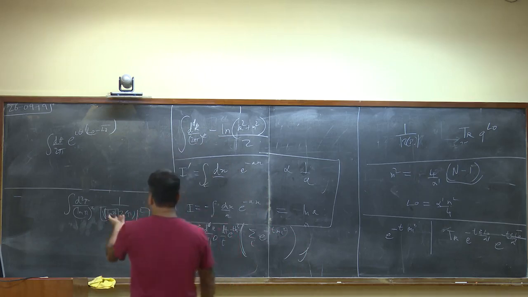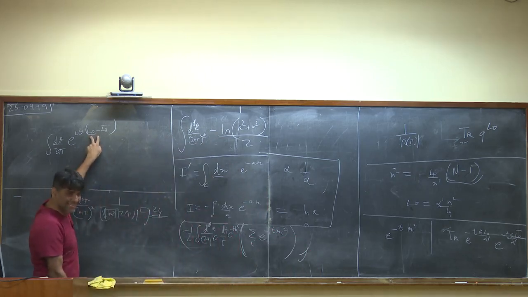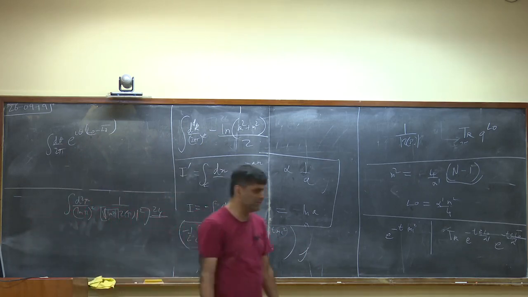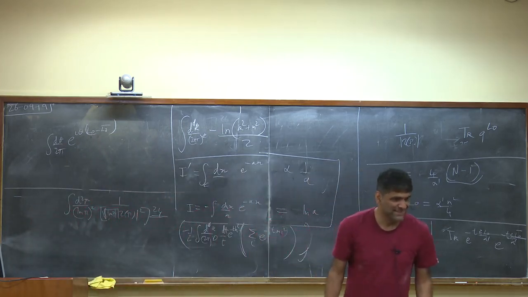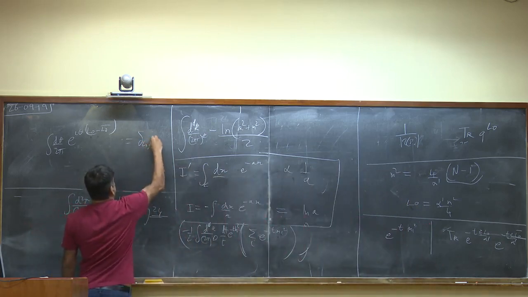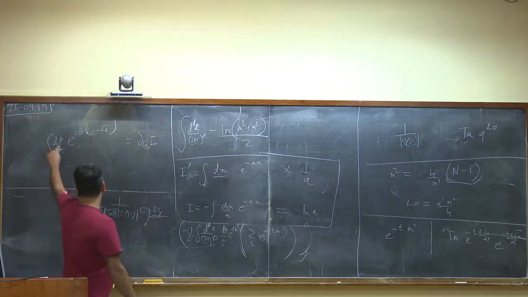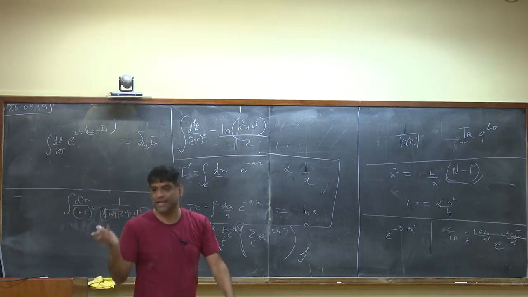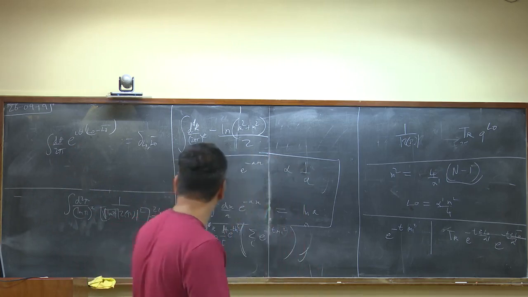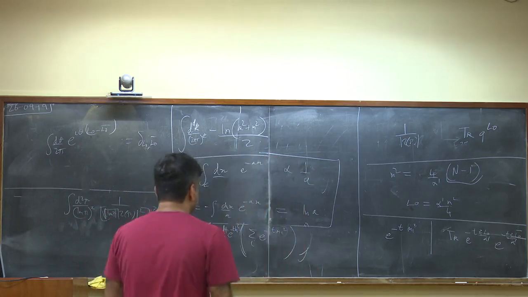If it's any integer other than 0, we'll get 0 because we're integrating an oscillating function over the circle. So this will click only when this is delta L0 L0 bar. This range of integration only works when the difference between L0 and L0 bar is an integer, but it is an integer. Okay, so we put that in by hand.